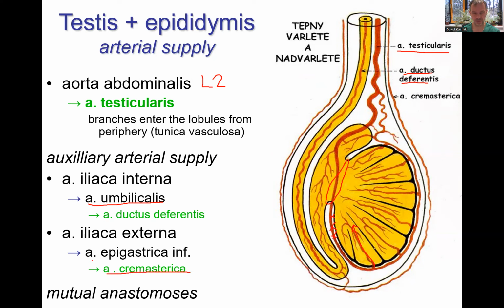And these 3 arteries form mutual anastomosis, so they assure the blood supply of testes. But still, in case of torsion of spermatic cord, an acute abdominal attack can happen. So you can feel terrible pain in scrotum, and it has to be treated surely because it's an ischemic situation.